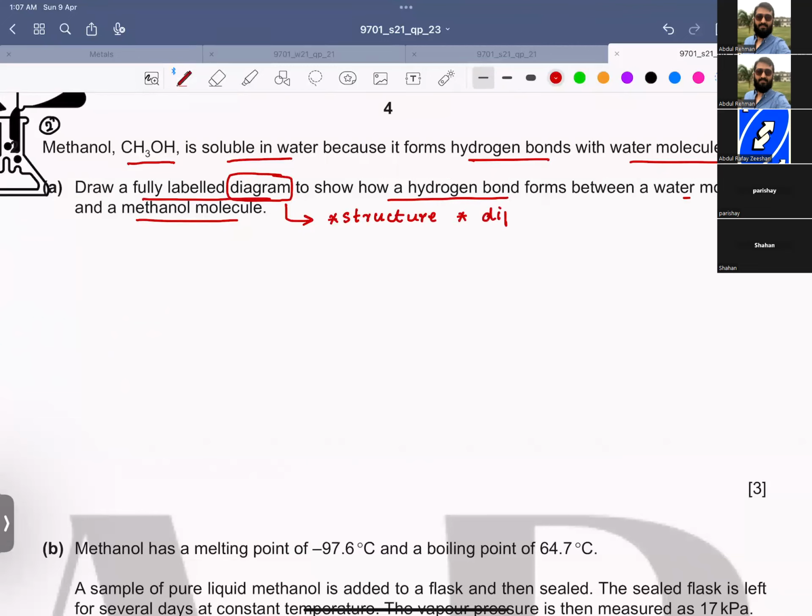The second one is the dipole and lone pair.